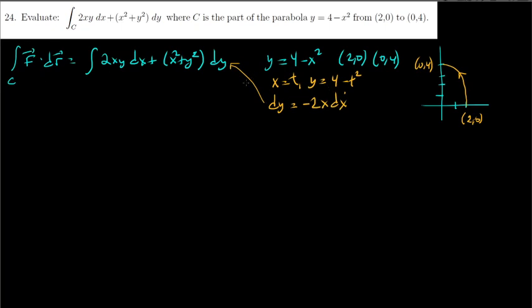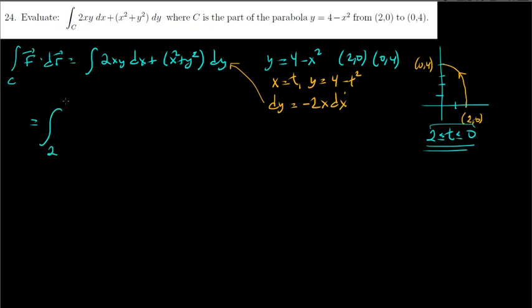Since x is t, we're going from 2 to 0. That's backwards, right? You can't have 2 less than 0, can you? Well, that's going to look weird, but it's going to work out in the end.